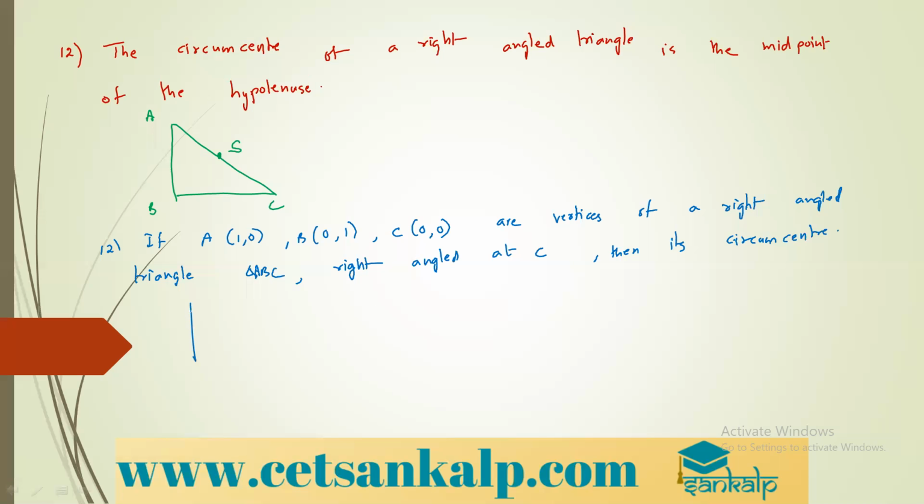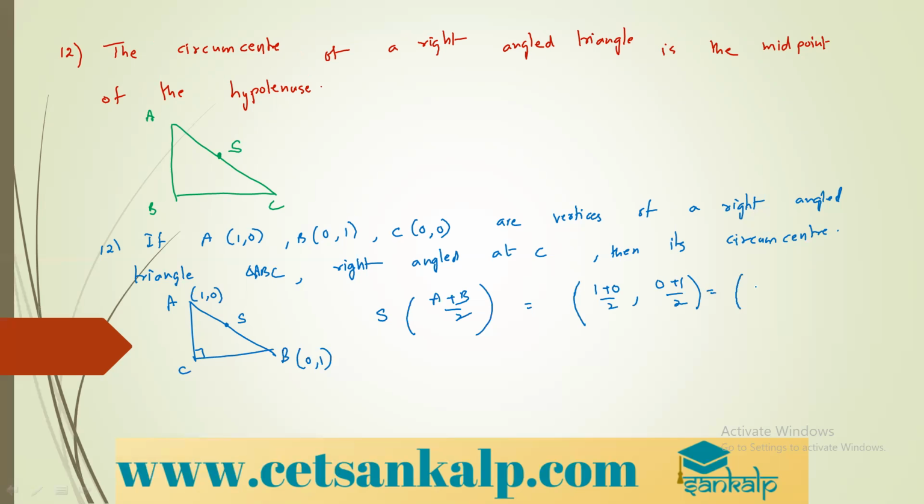If you draw a rough diagram, right angled at C, this is A, this is B. The hypotenuse midpoint will be the circumcenter. You get the midpoint by taking A plus B by 2. That means x coordinate is 1 plus 0 by 2, y coordinate is 0 plus 1 by 2. In this way, the circumcenter will be (1/2, 1/2).